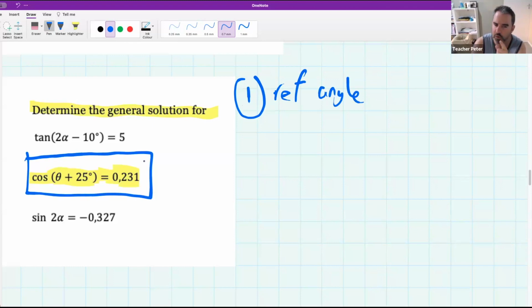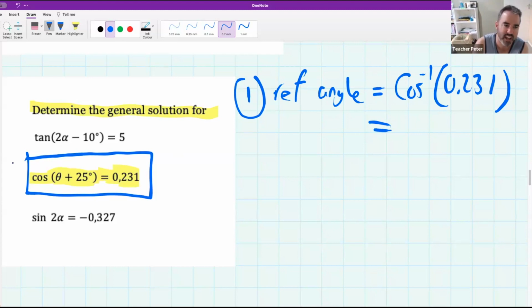I think, were you trying to say the reference angle, Simtanda? Yes. Okay, so I'd take cos, you're right, you're undoing the cos, which is called inverse cos, and you take it of 0.231.